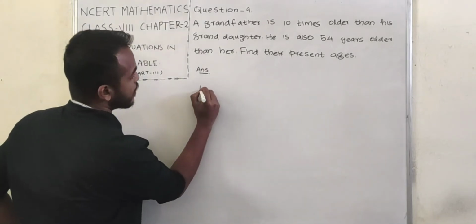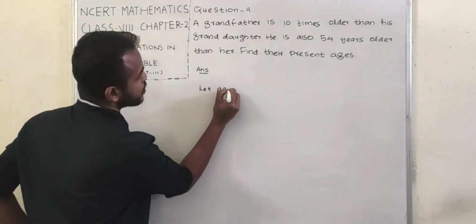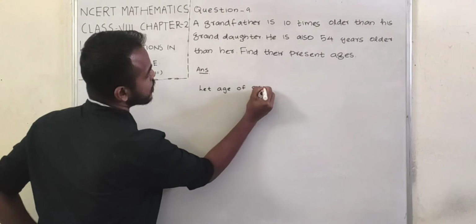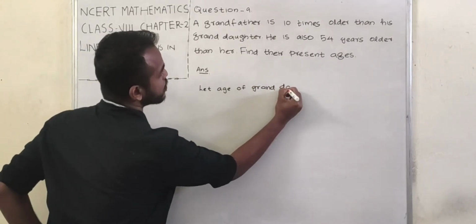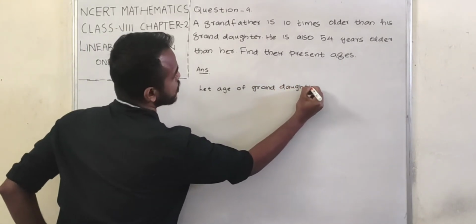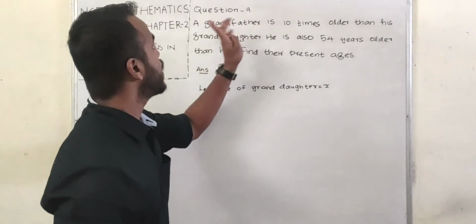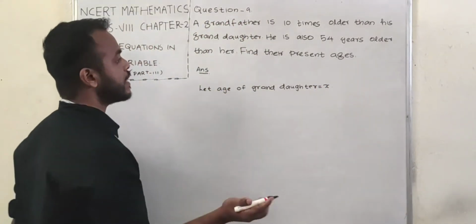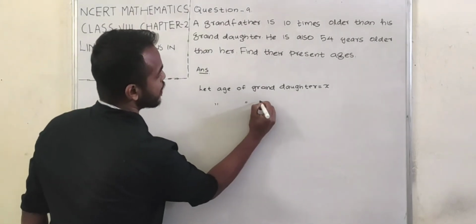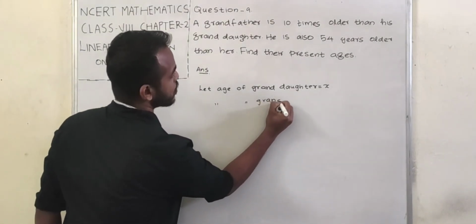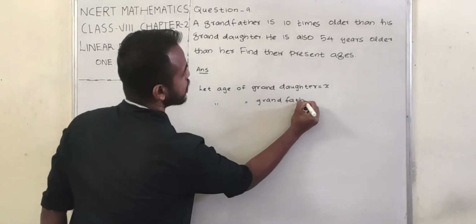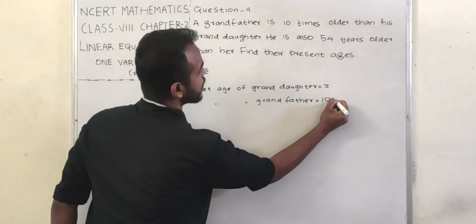So you can say let age of granddaughter is equal to x. Then we can clearly say age of grandfather will be 10 times x.